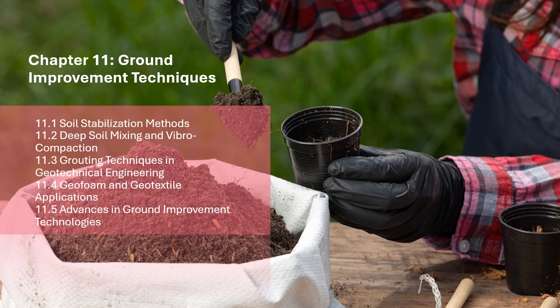Purpose. It enhances soil strength and decreases its permeability, making it more resistant to erosion and settlement. Applications. Useful for stabilizing loose sands, silts, and soft soils, and for controlling groundwater flow in underground structures.